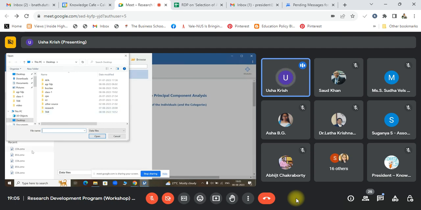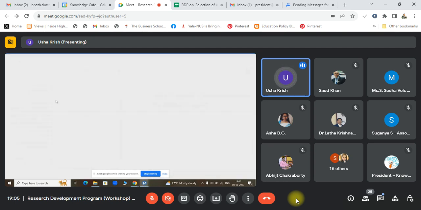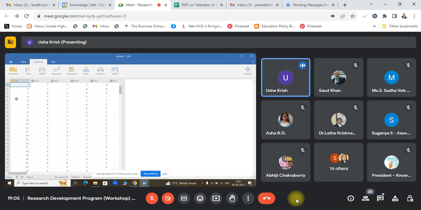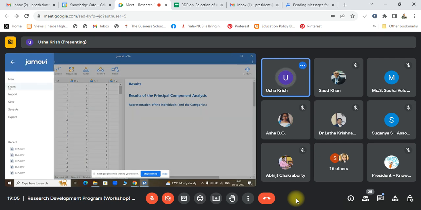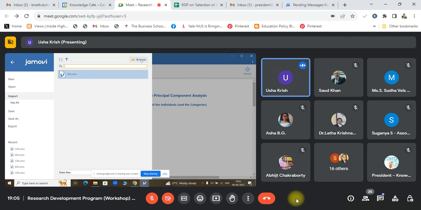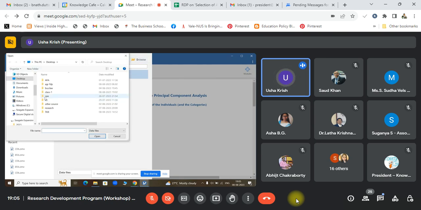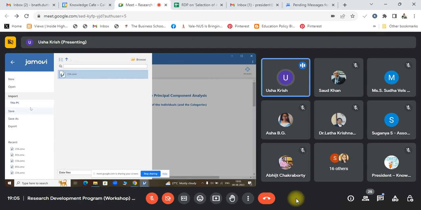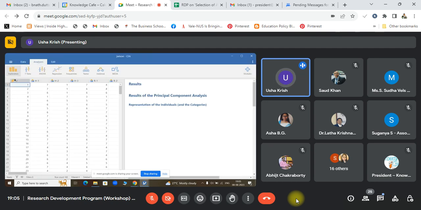If you click on that, the data gets imported. So how to import? 4 lines. Import, browse, and whatever data you want to upload, click on that. Automatically, it gets imported into the software.